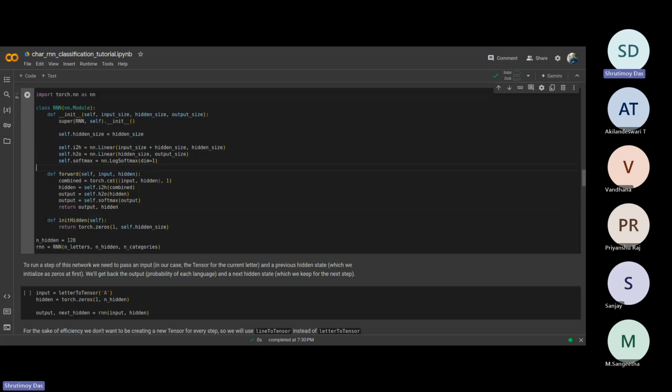Are there any doubts in this? If you're working on images, you will have some convolution layers, right?